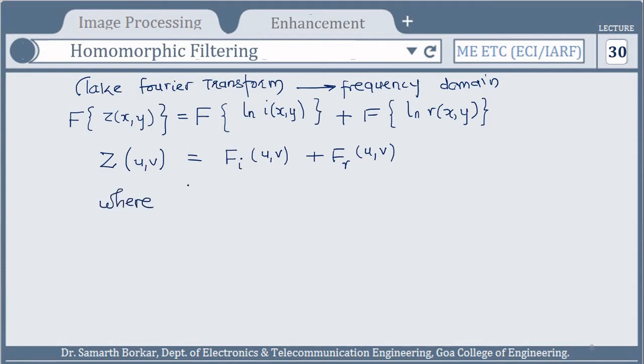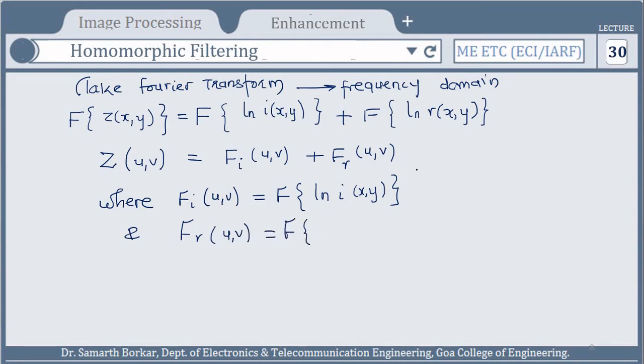Let us elaborate, where F sub I of u comma v equals Fourier transform of natural log I of x comma y, and F sub r of u comma v equals Fourier transform of the function natural log of r of x comma y.